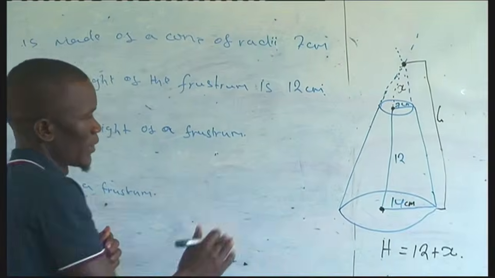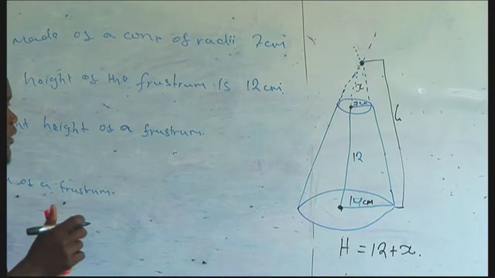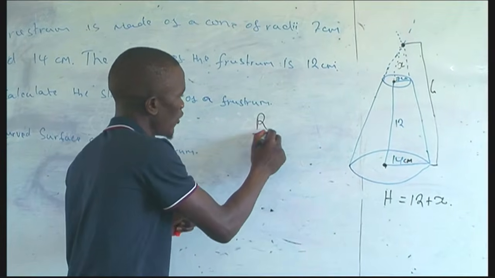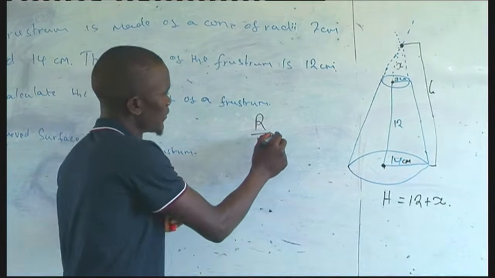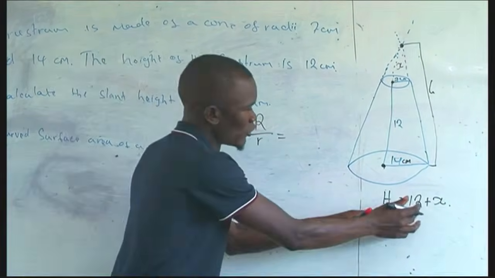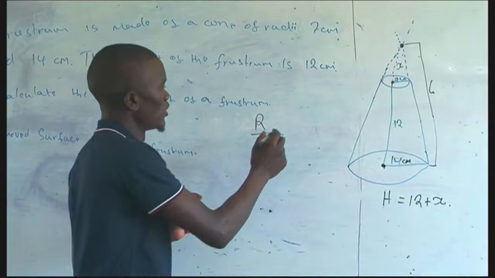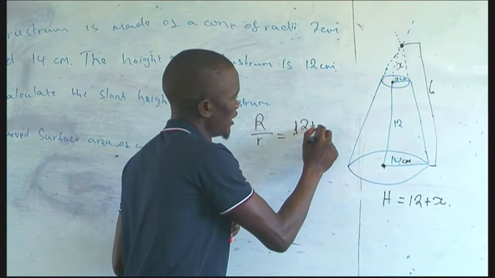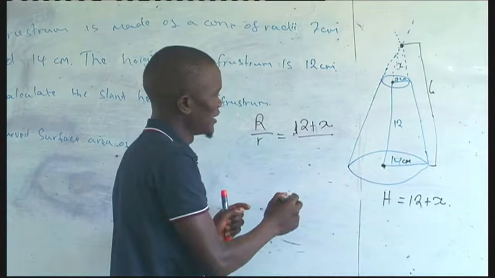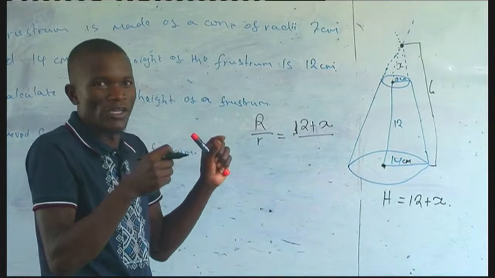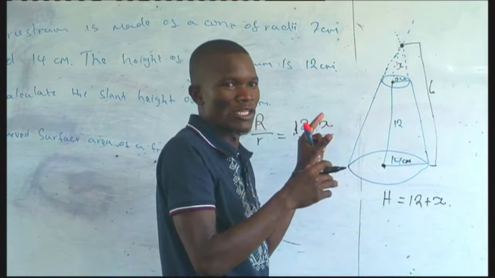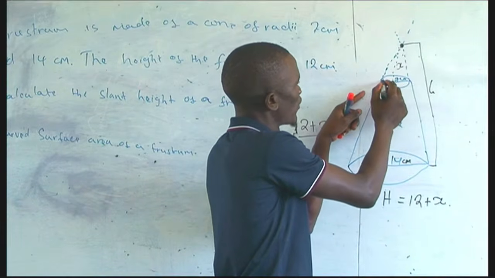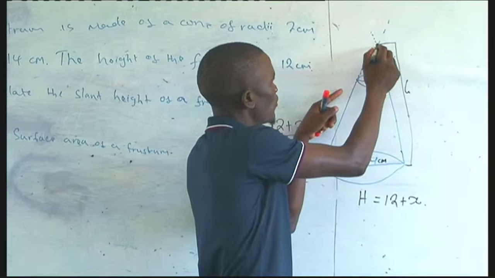How do we use a linear scale factor? The ratio between the larger radius over the smaller radius is equivalent to the ratio between the total height of the cone, which is 12 plus x, over the height of the smaller cone. The smaller cone starts from this point up to the upper part.